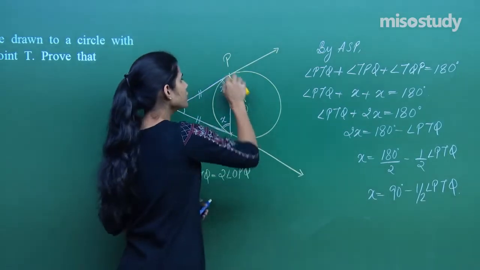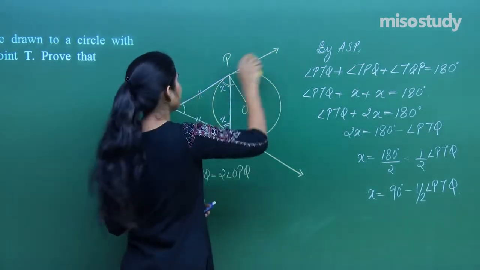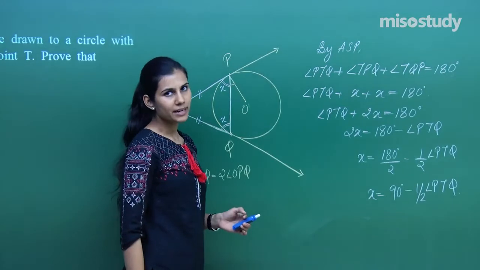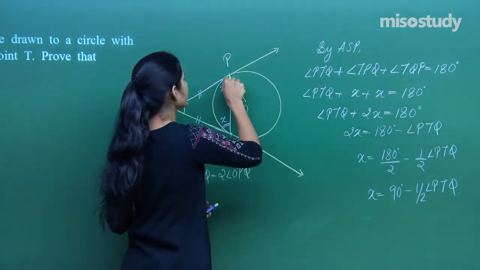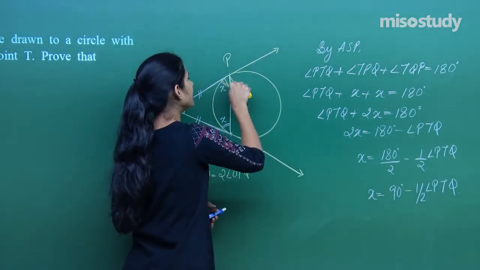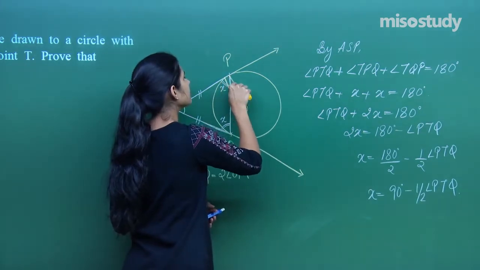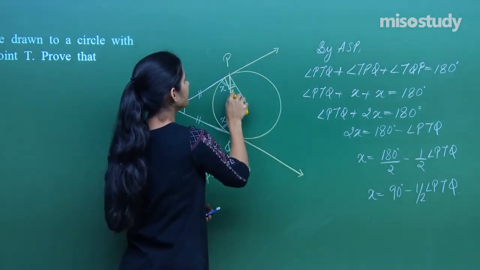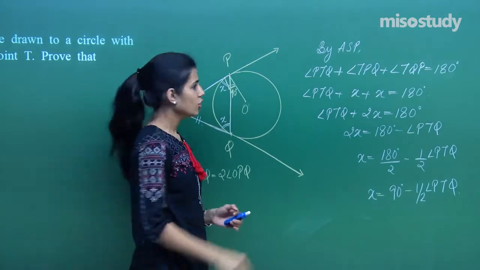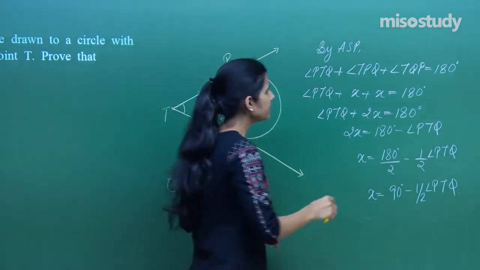Now focus upon one more thing. OP is the radius of the circle and TP is the tangent. Radius is perpendicular to the tangent through the point of contact. So this complete angle is 90 degrees. This complete angle is 90 degrees. OP is perpendicular to TP.